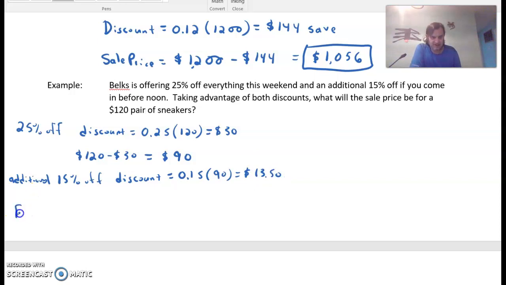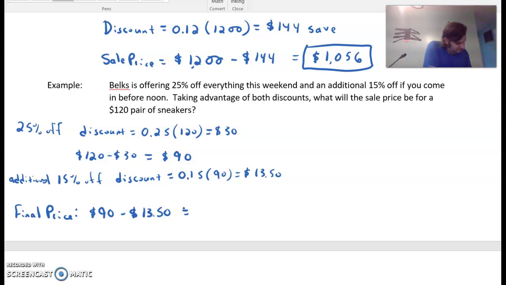So the final price will be the $90 we're at now minus the $13.50, which should be, I hit the wrong button, $76.50. And that is the way it should be worked.